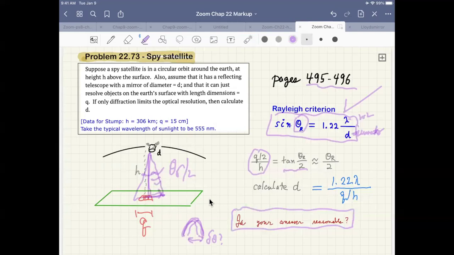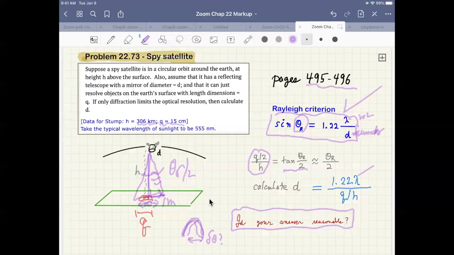Suppose they want to be able to resolve things the size of a car, or maybe 1 meter. How far should it be above the surface of the Earth? Well, I don't know. This suggests 300 kilometers. Actually, this proposes q much less than a meter. So you can actually see things smaller than a car.